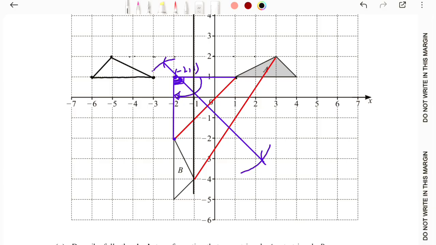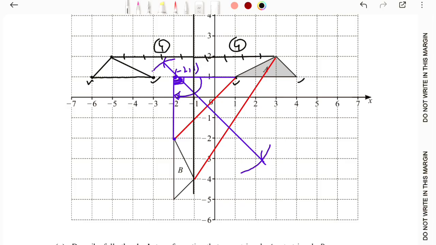Like here the distance from here to the object and from here to the image is the same. You see there are 1, 2, 3, 4 units here and 4 units here, and the same goes for the other corners as well, for this corner and this corner and this corner and this corner.